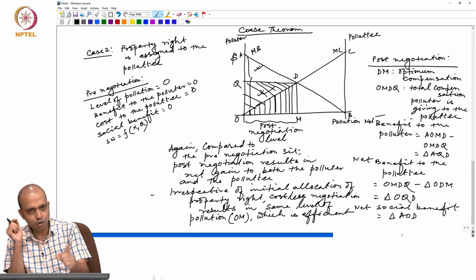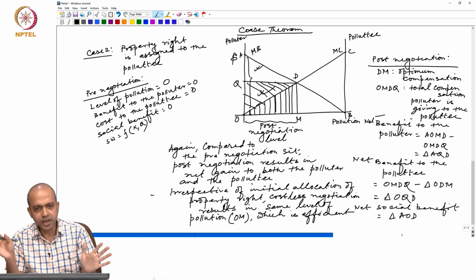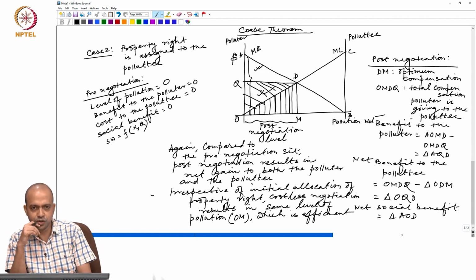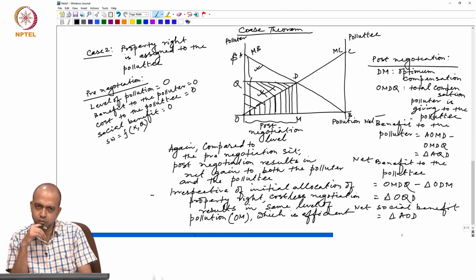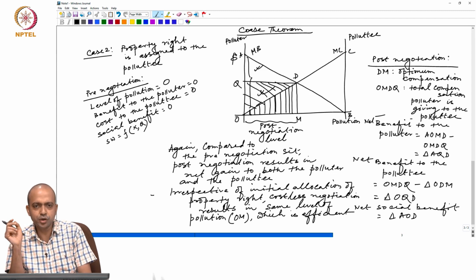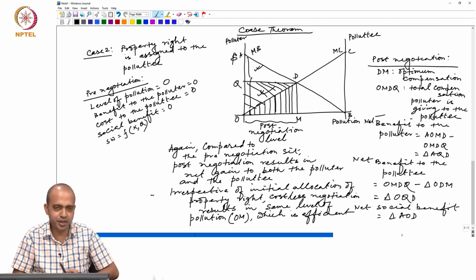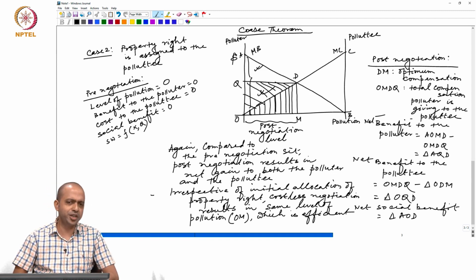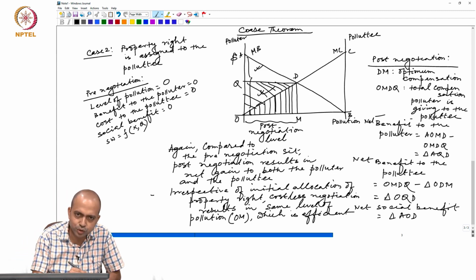Okay. Now, we understood one thing, that whether the property right is given to the polluter or to the pollutee, in both the cases it resulted in the same efficient level of pollution, OM. But one additional question that we would like to ask: if you compare these two situations qualitatively, can we say that both the situations are equally desirable to both the parties?